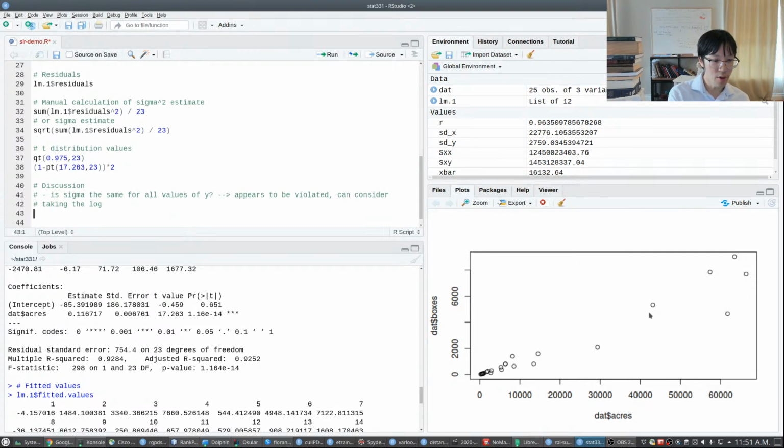And the other point, I'll just briefly mention, is that of independence. Okay, so the question we can ask is, are the error terms plausibly independent?